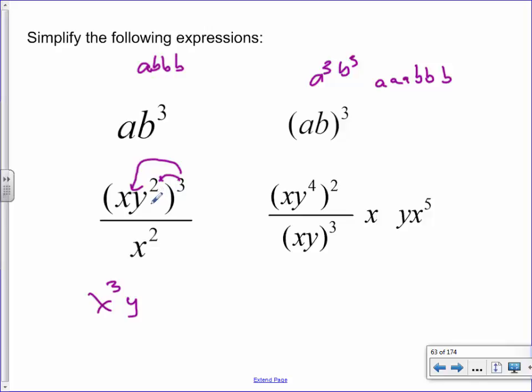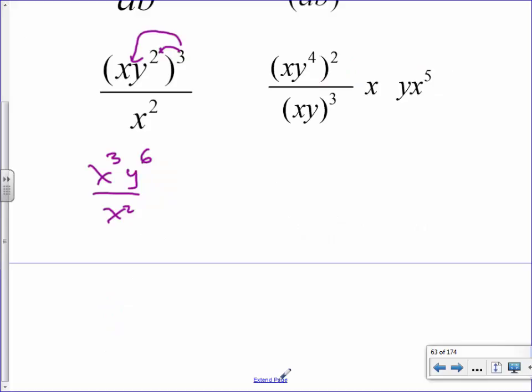So what's yours for y? Yeah, so it is 6. You're right. y to the 6 over x squared. You could cancel the x's, right? If you have 3 of them on the top and 2 on the bottom, yeah. So there's just 1 left on top. So the best answer for this is x to the 1, y to the 6. Or if you really had to write it out, which we probably wouldn't do, it would mean that. That's what it means when you're done: 1 x times 6 y's.